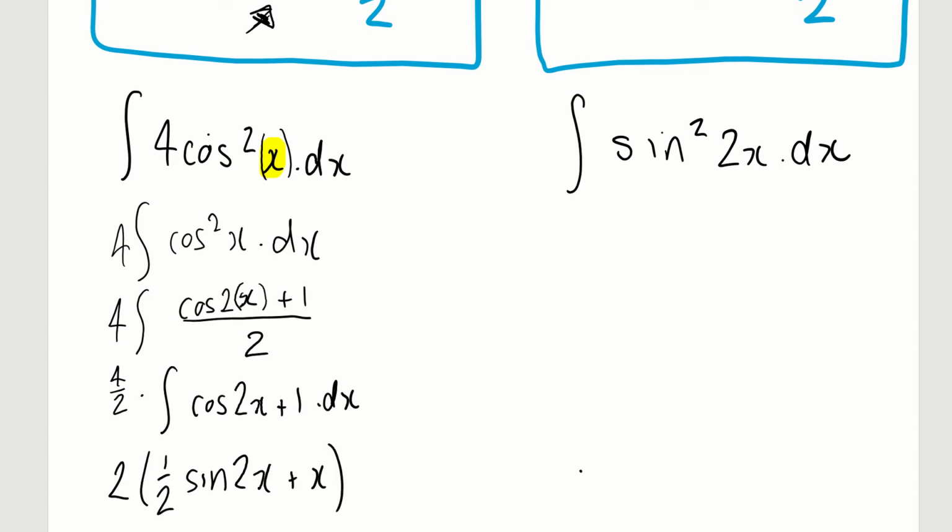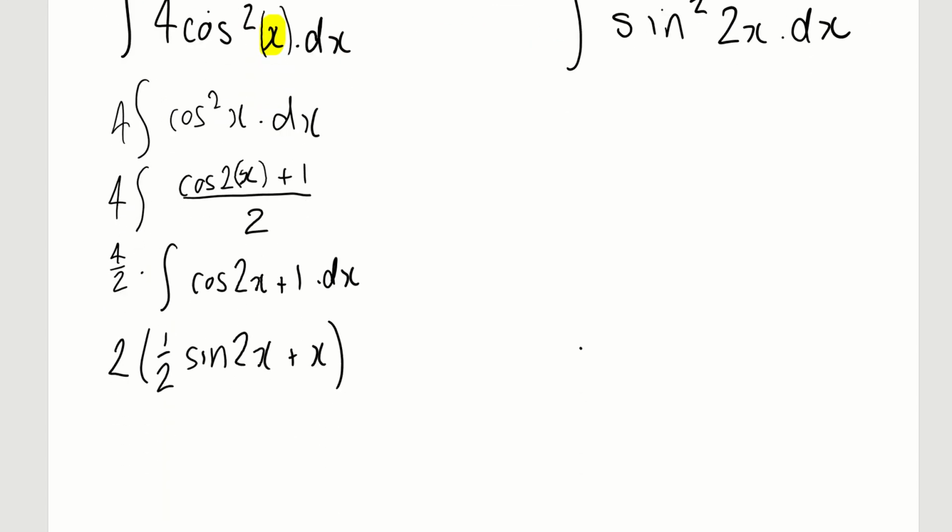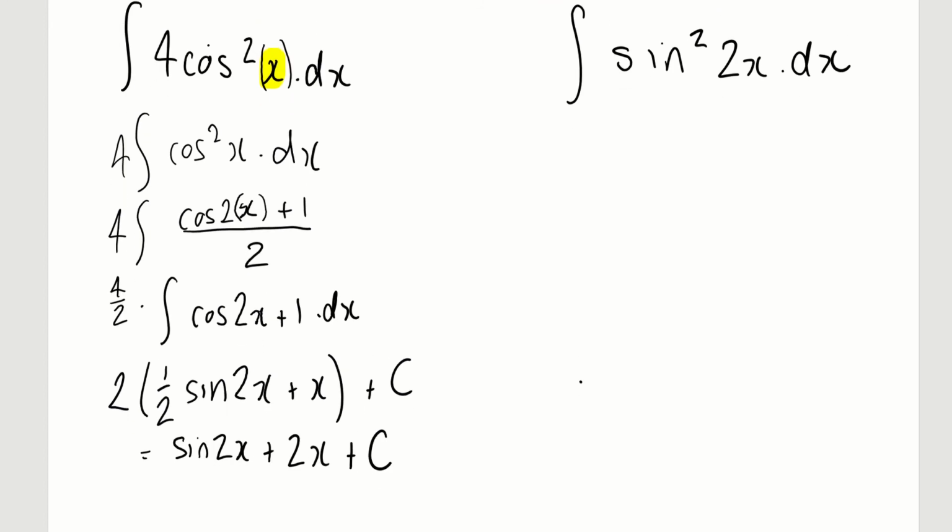And remember, it's 2 times all of that. I can leave it in that factorized form, or I can multiply it in and say, well, that's really just sine 2x plus 2x plus c. Don't forget your plus c. And it's as easy as that. There's my answer. So it's just about making that substitution and then integrating.